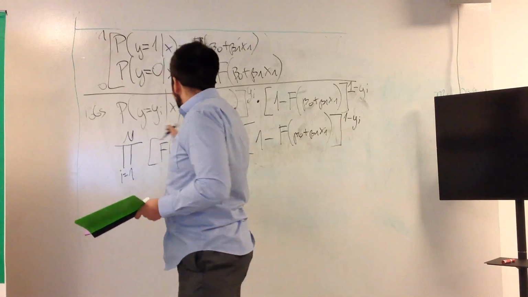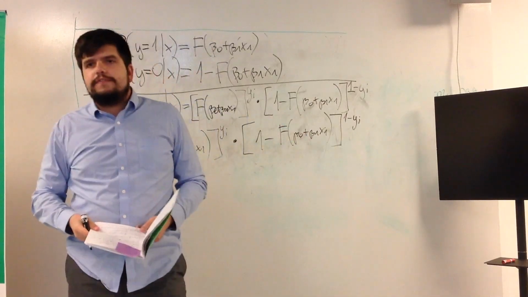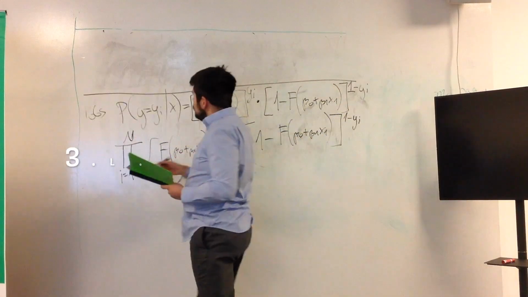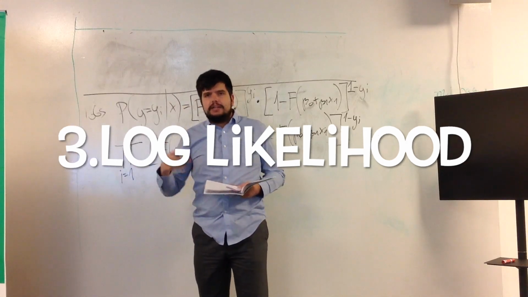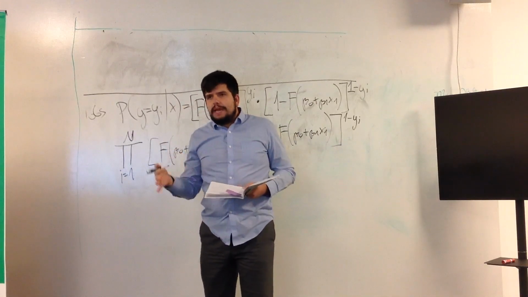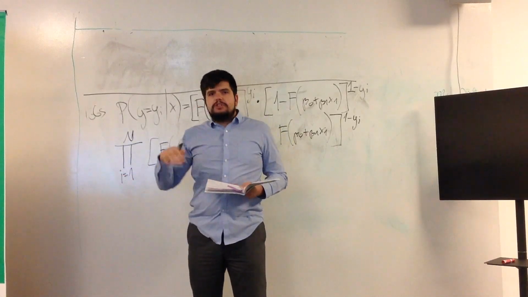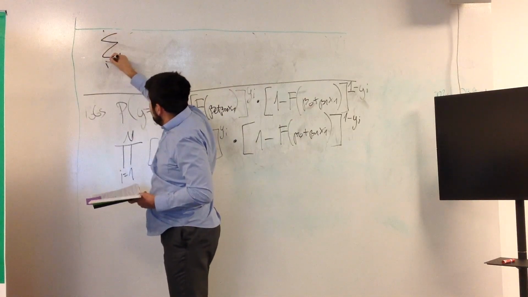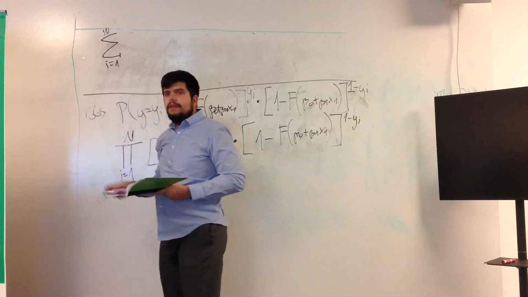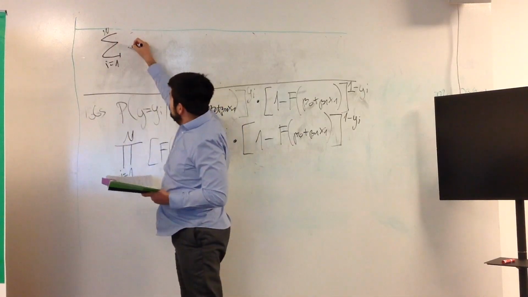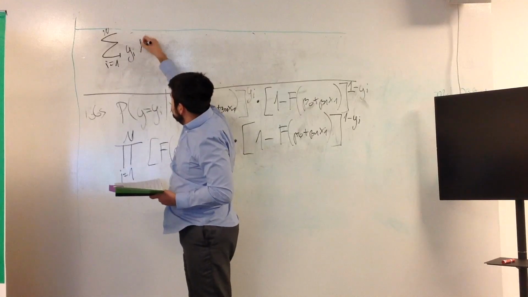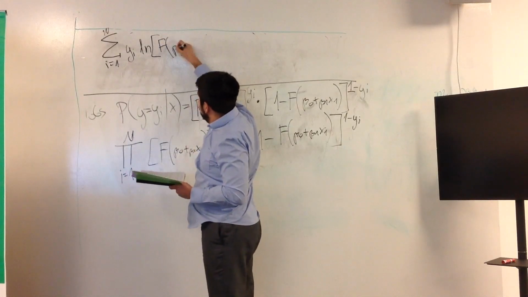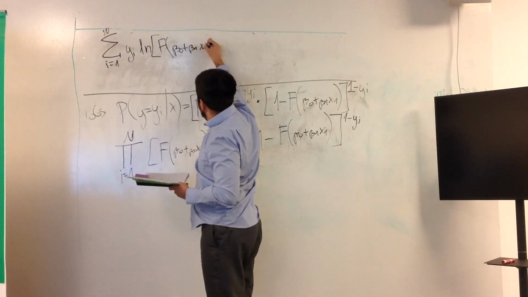Okay? So for all of my observations, the likelihood function is this product. When I do my log transformation, and here's where calculus comes into play, my product gets converted to a sum. So here's my sum from i equals 1 to n of yi times the natural logarithm of my function of beta 0 plus beta 1 x1.